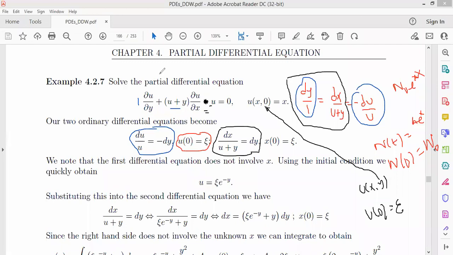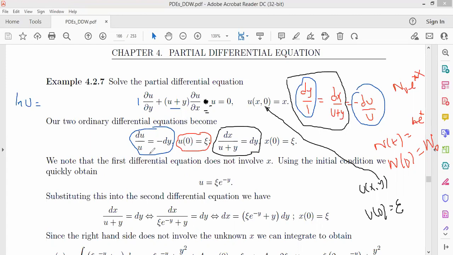Okay, so let's continue. I am now solving the blue. Of course, you are going to separate variables here. On the left of blue, you will get ln u, equal to dy.